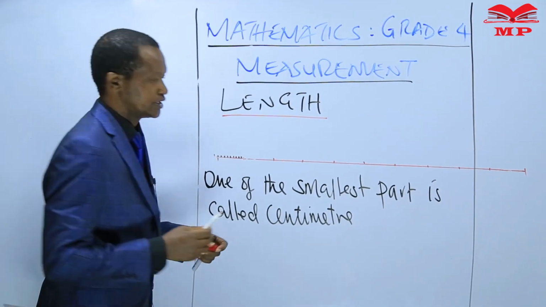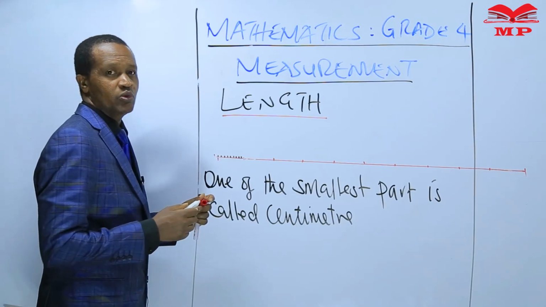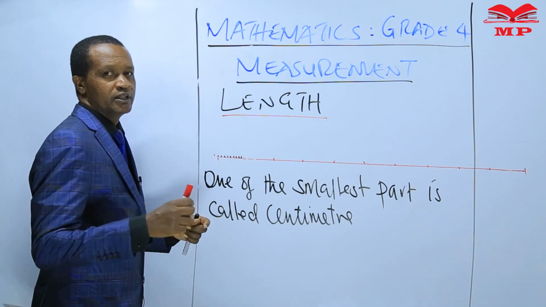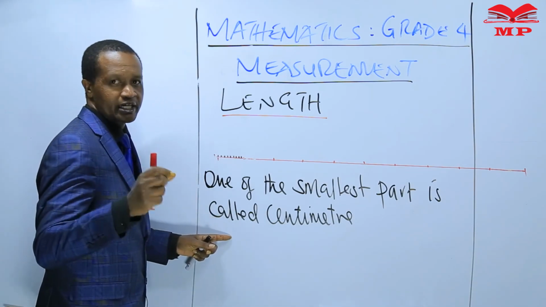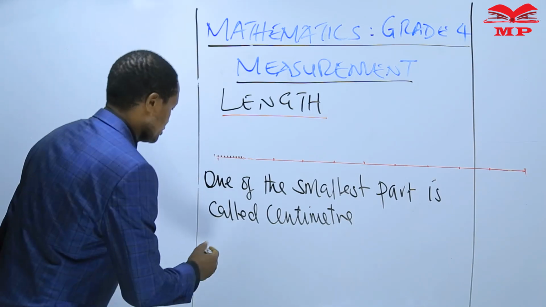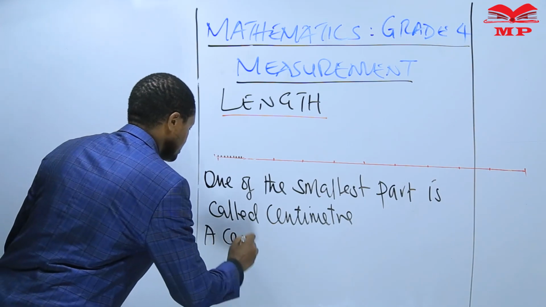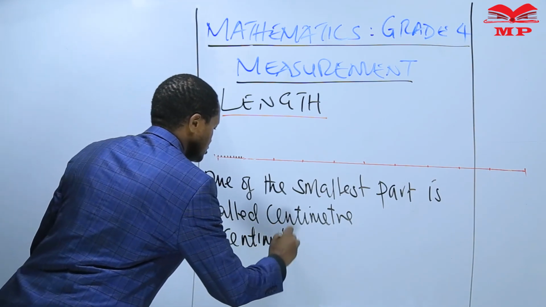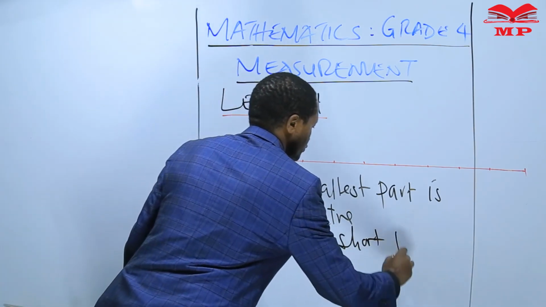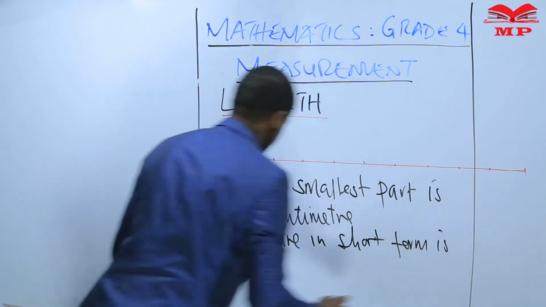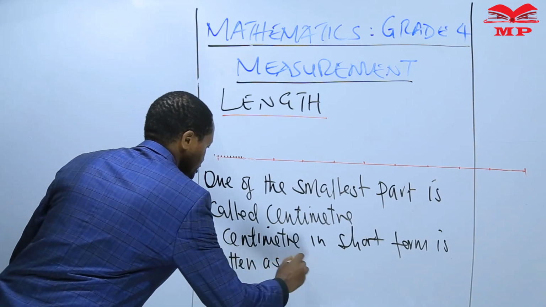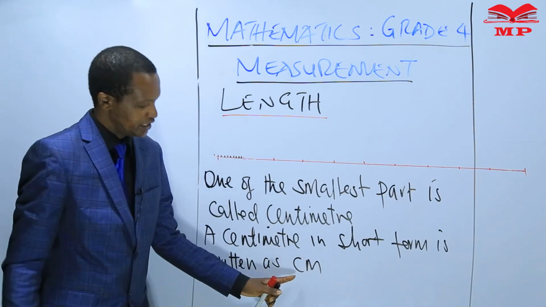1 centimeter, the smallest part. Now, a centimeter in short form is written as cm, meaning centimeter.